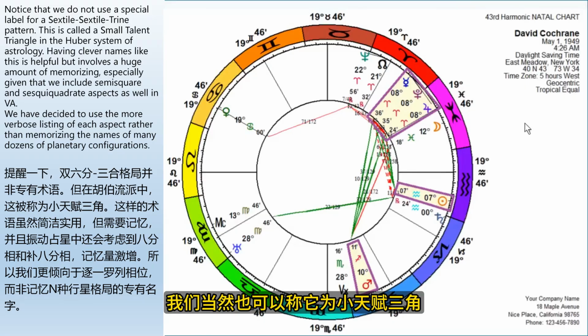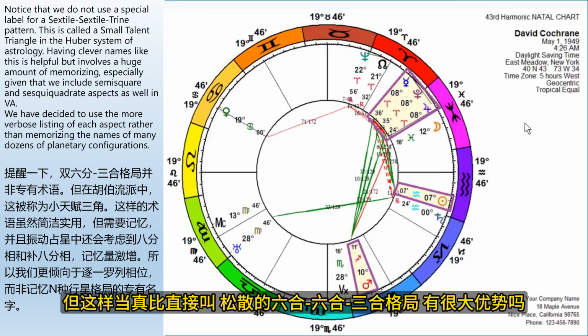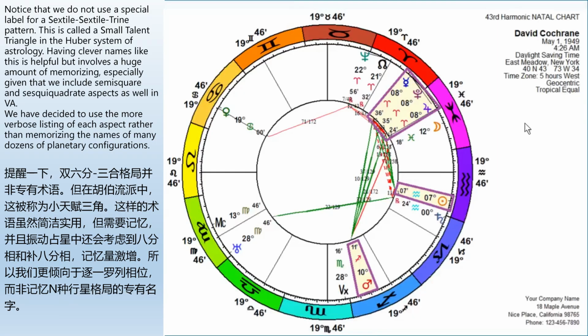So we could call it a small talent triangle. We could call it a spreading small talent triangle. Is there a big advantage over calling it a spreading sextile trine pattern? I don't think so.